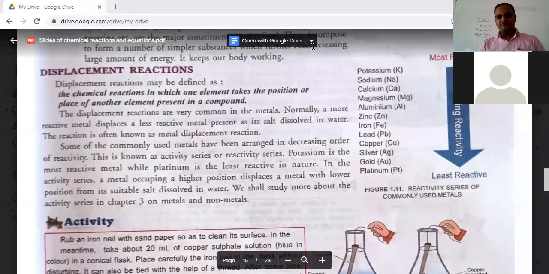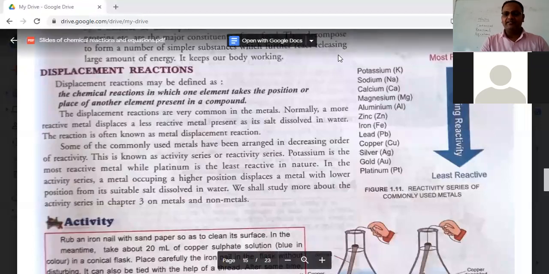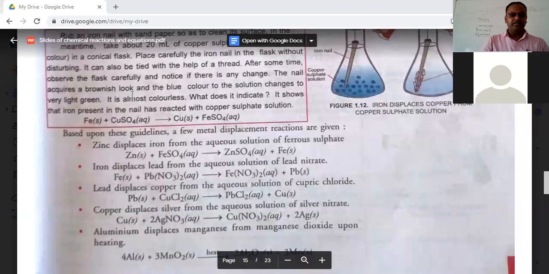Zinc is more reactive, because the position of zinc is above iron. That is why zinc displaces iron. It is not that iron is displacing zinc. It can never happen because zinc is more reactive than iron. Correct.